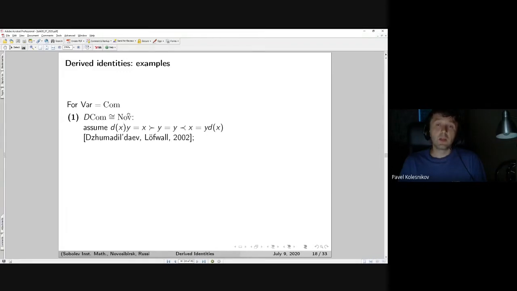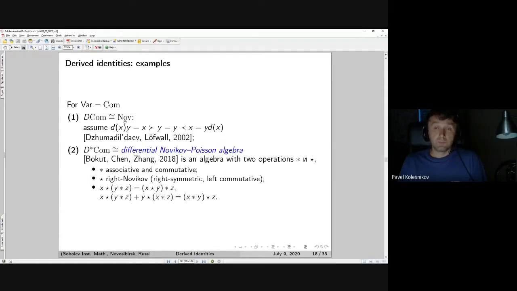So the categories are equivalent in the natural sense. So the derived identity of commutative algebras is Novikov algebras. And the general derived variety d star com is equivalent to the variety of so-called differential Novikov-Poisson algebras.